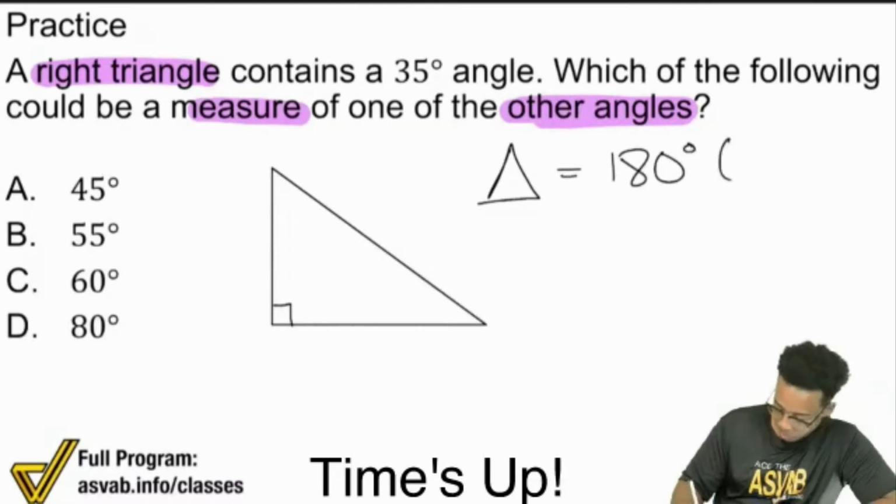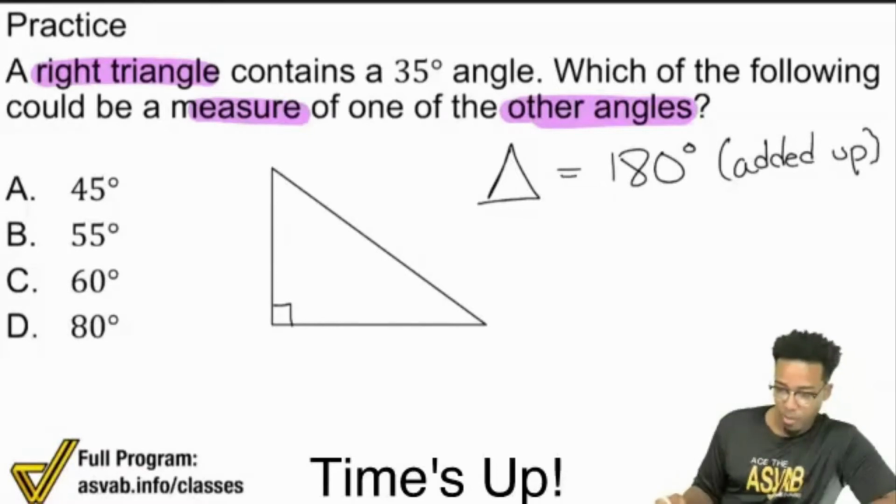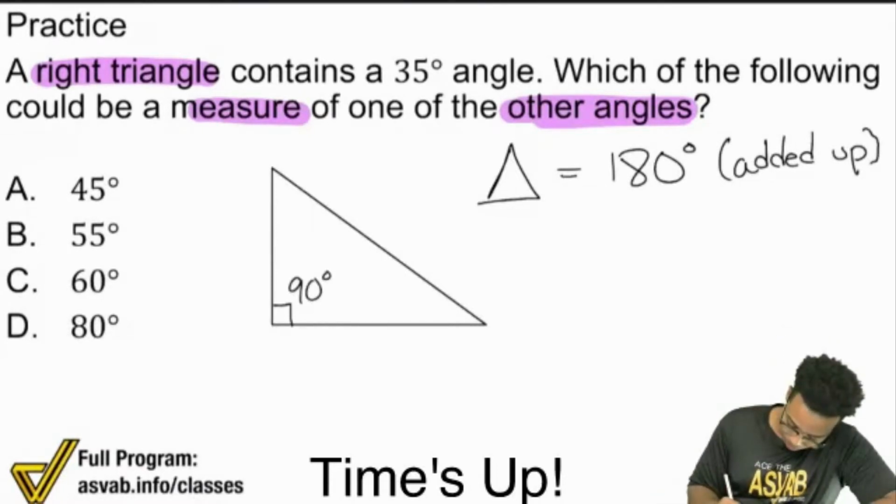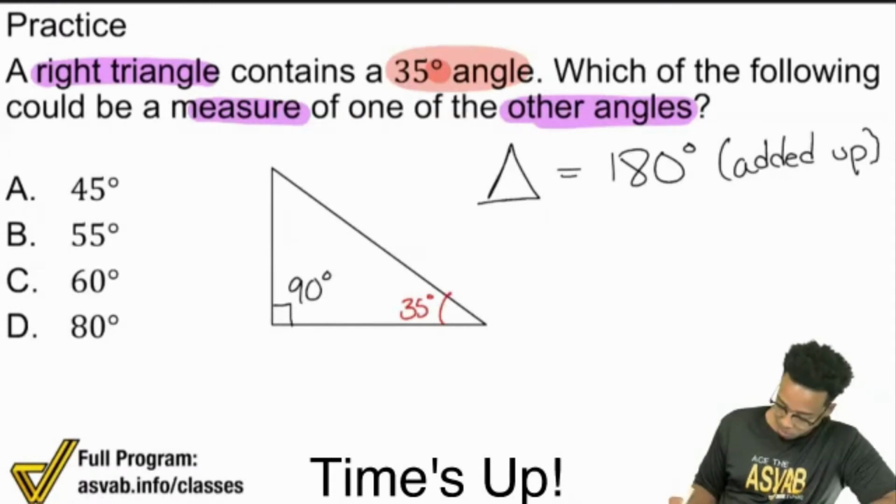I hope I'm saying it right. Oh yeah, I'm writing notes down for you. Okay, so what I did was I subtract the right angle, which is 90, from the 180, and it gave me 90 again. And then I subtract the 35 from the 90, and it gave me 55.